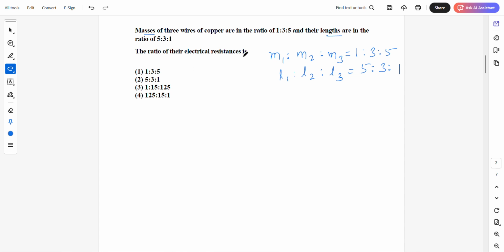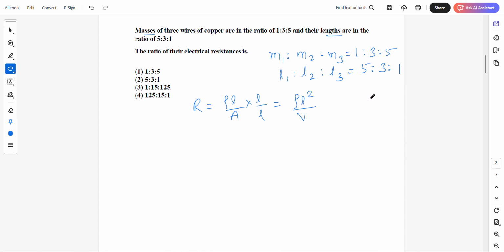What is the ratio of their electrical resistances? We know that R is equal to rho L by A. Multiply and divide by L. This becomes rho L square by what is AL? AL is volume.